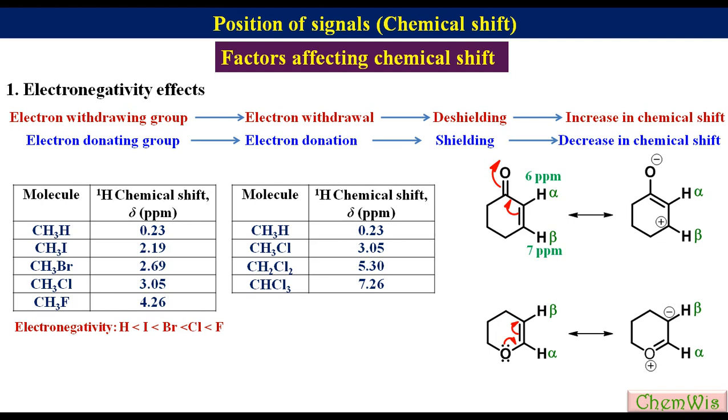So, the beta proton will be more shielded than alpha, and thus, the beta proton will have less chemical shift than alpha. The observed value of chemical shift of this beta proton is 4.7 ppm, while that of alpha is 6.4 ppm.